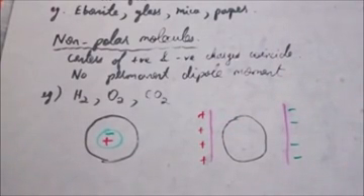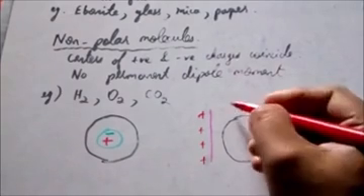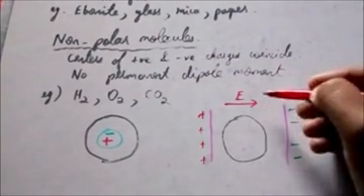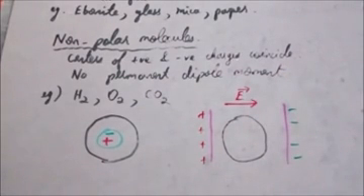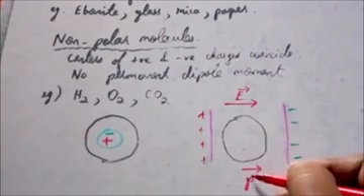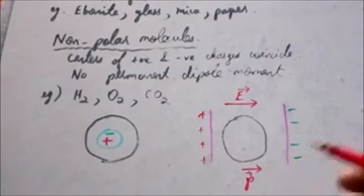The electric field goes from positive to negative charge. This will be the direction of the electric field, E. It's a vector. Then the dipole moment will be from negative to positive. This is the dipole moment, a vector.